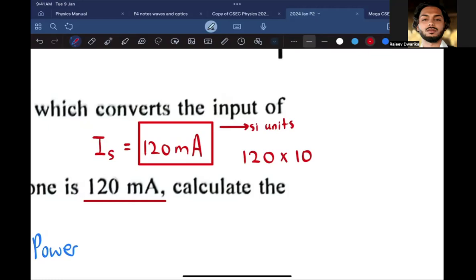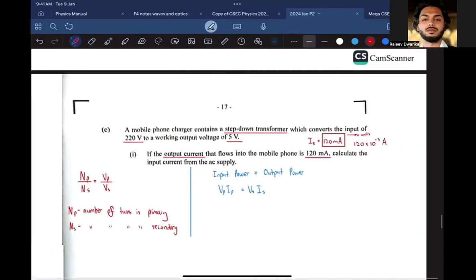You need to know the prefixes in physics, like milli, deci, centi, and be extremely careful, because in physics you have to work in SI units. So I'm going to convert 120 milliamps to 120 times 10 to the power minus 3 amps. Now I can use that.